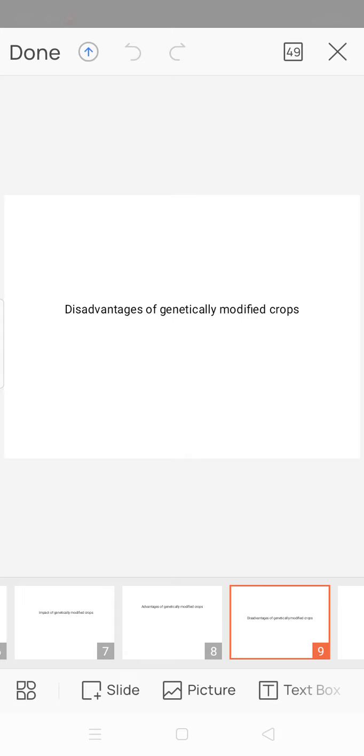And genetically modified crops and the environment. Environmental benefits. It reduces chemical pesticide use by 37%, and reduction in the release of greenhouse gas emissions from agriculture.